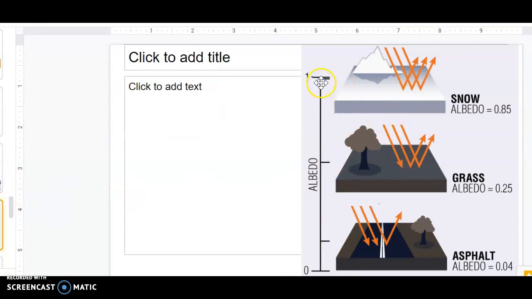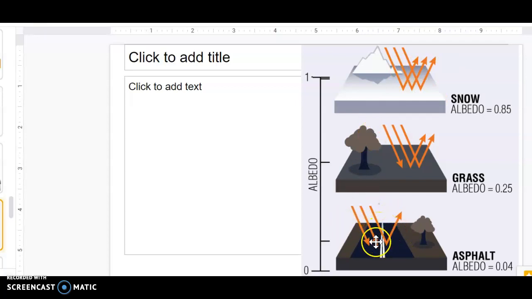Think about it this way. The albedo scale tends to go from 0 to 1. It's kind of like 1 means that it reflects all the light, and snow reflects a lot of light. So light rays coming from the sun tend to bounce off of snow, and not much actually soaks in and heats up the snow.